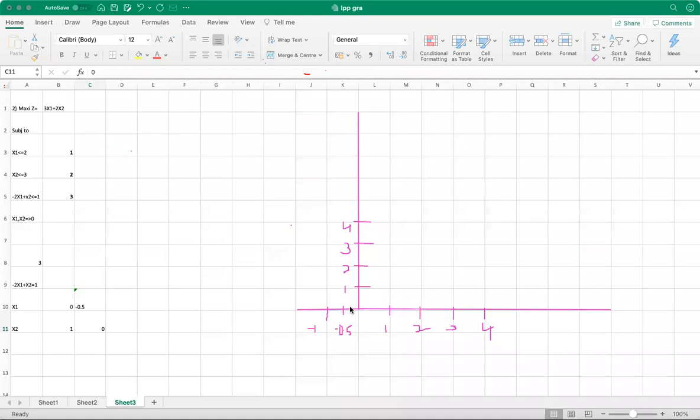So I will say it is going to be 0 and 1. Okay, then minus 0.5 and 0. ठीक है, यहाँ पे आएगा. So can I draw a line and join that? ये join कर देते.